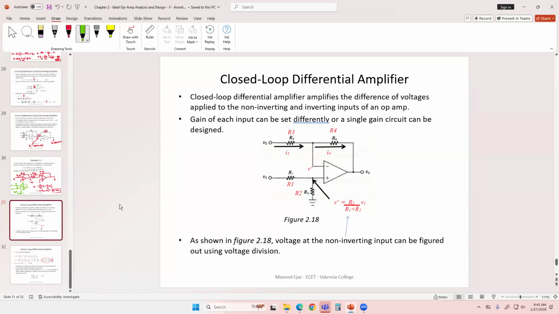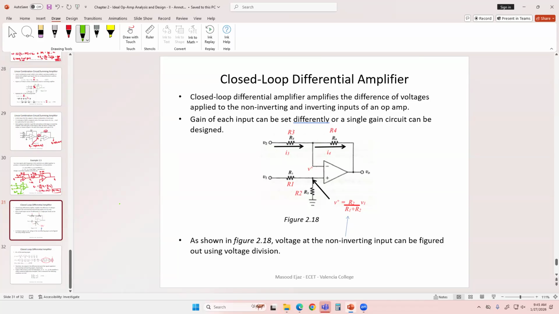This is one of the circuits that takes the difference of the two inputs connected at your inverting input and non-inverting input, multiplies that by a gain, and produces the output. So the closed loop differential amplifier amplifies the difference of voltages applied to the non-inverting and inverting inputs of an amplifier.